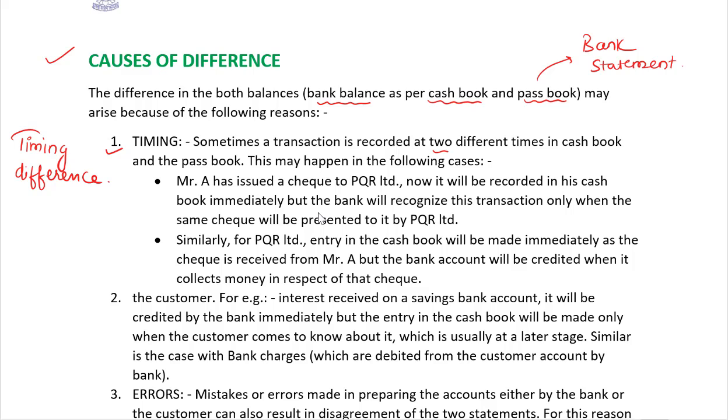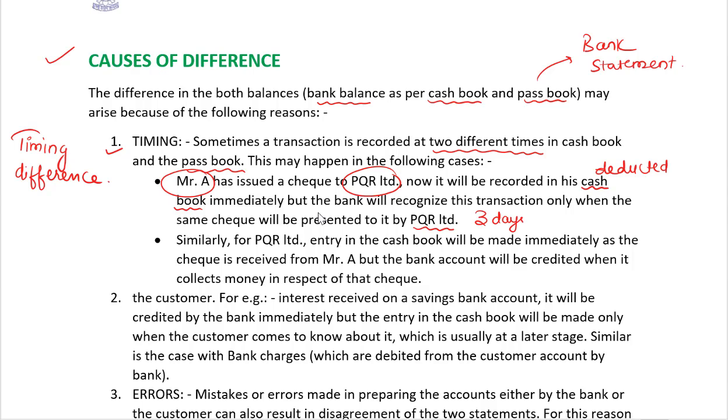Sometimes a transaction is recorded at two different times in the cash book and passbook. This may happen because of the following cases. Mr. A has issued a check to PQR Limited. Mr. A wants to pay PQR Limited. It will be recorded in his cash book immediately, so the amount is deducted from the cash book, but the bank will recognize this transaction only when the same check is presented to it by PQR.